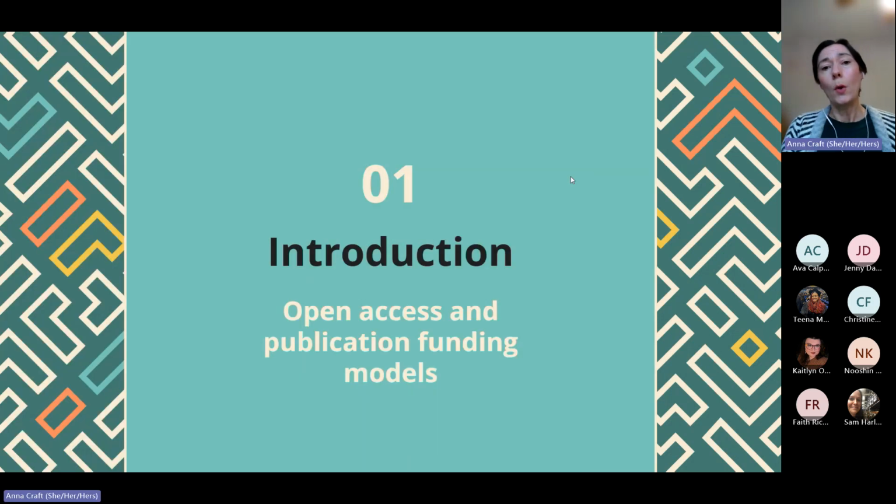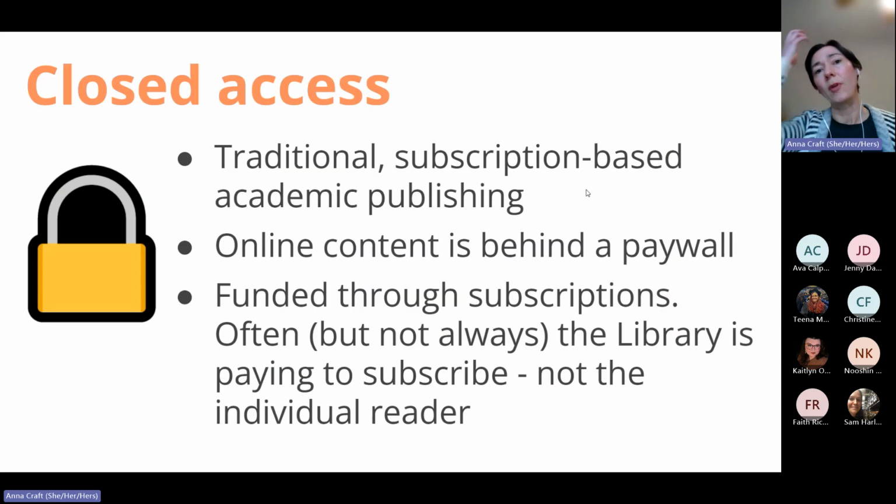So first, we want to introduce what open access is and how it gets funded. We'll start with closed access. This is the long-standing academic publication model that involves subscriptions. In the print world, your library or you yourself as a subscriber would receive a physical print journal.